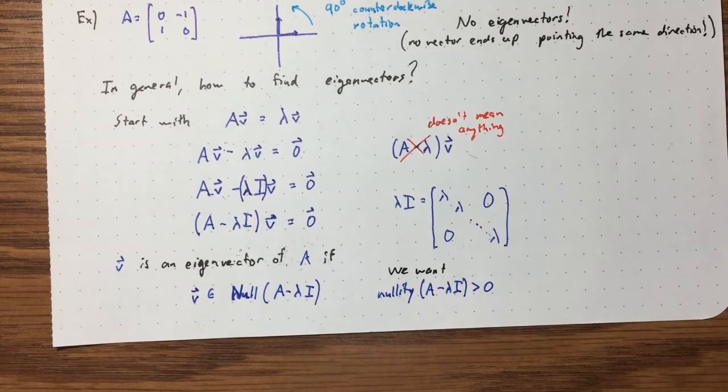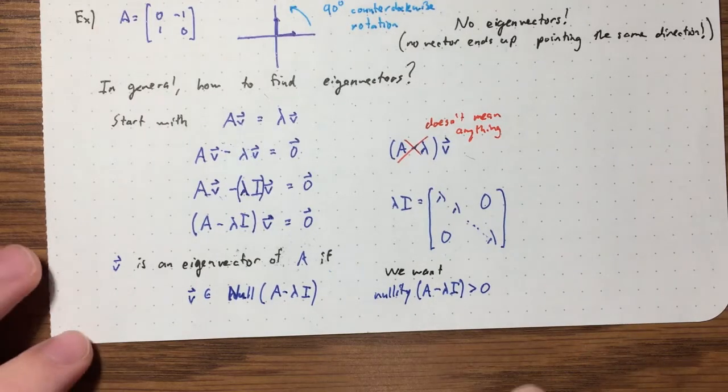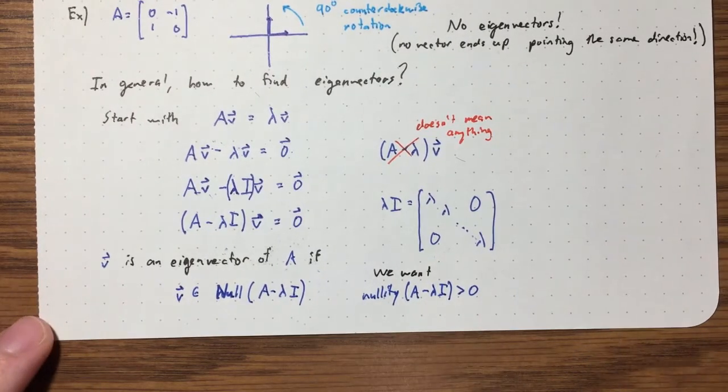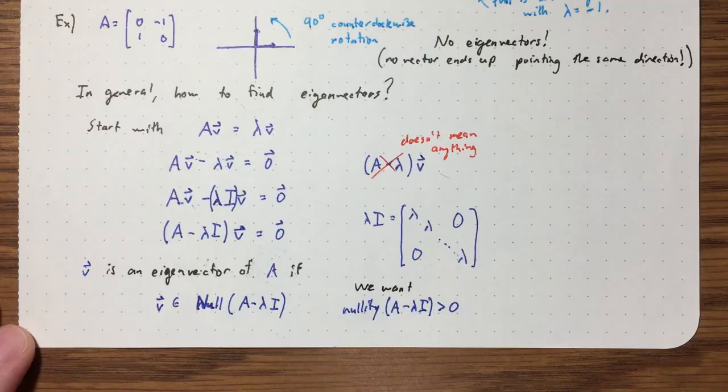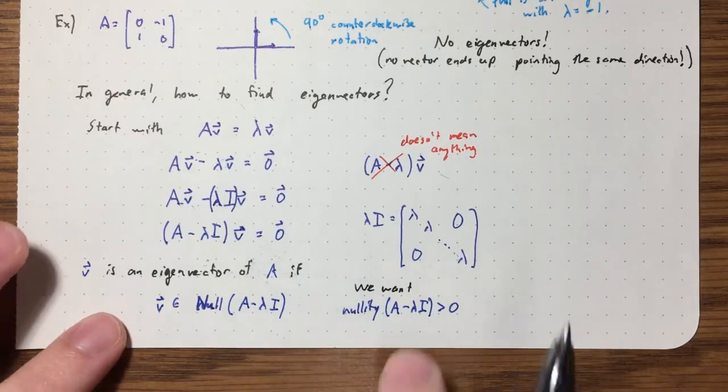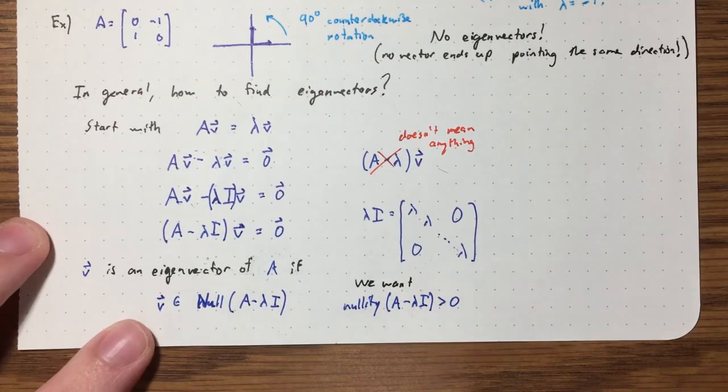And so when is the nullity going to be greater than 0? Well, we have our unifying theorem. If the nullity is 0, that means our matrix is invertible. If the nullity is not 0, our matrix is not invertible. So we want this to not be invertible.